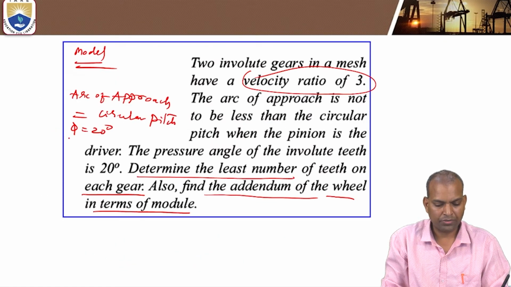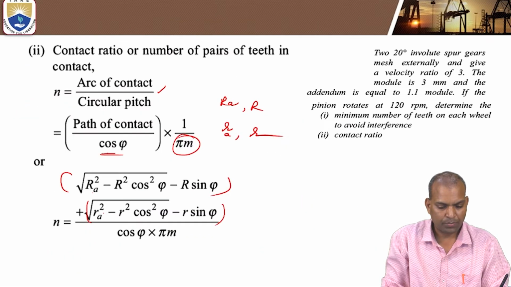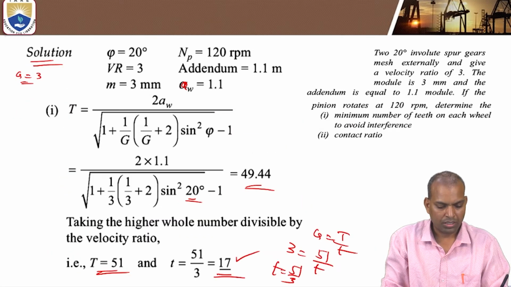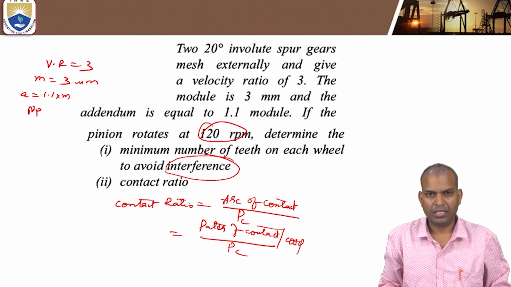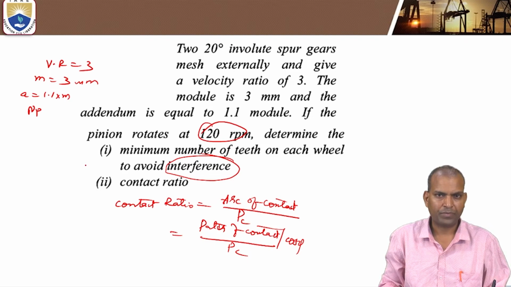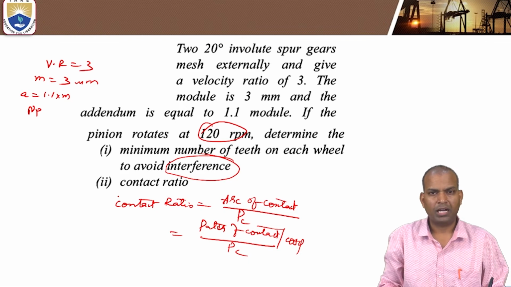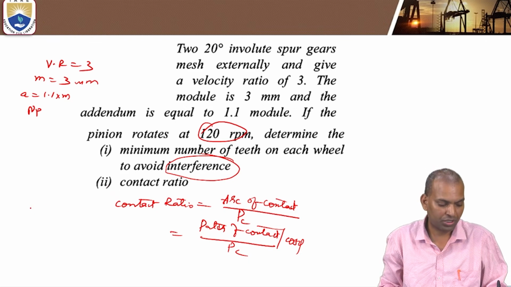Today in this class we covered various problems, and it is very important that the path of approach is dependent on the addendum radius of the wheel, or larger wheel gear, the pitch circle radius and the pressure angle.